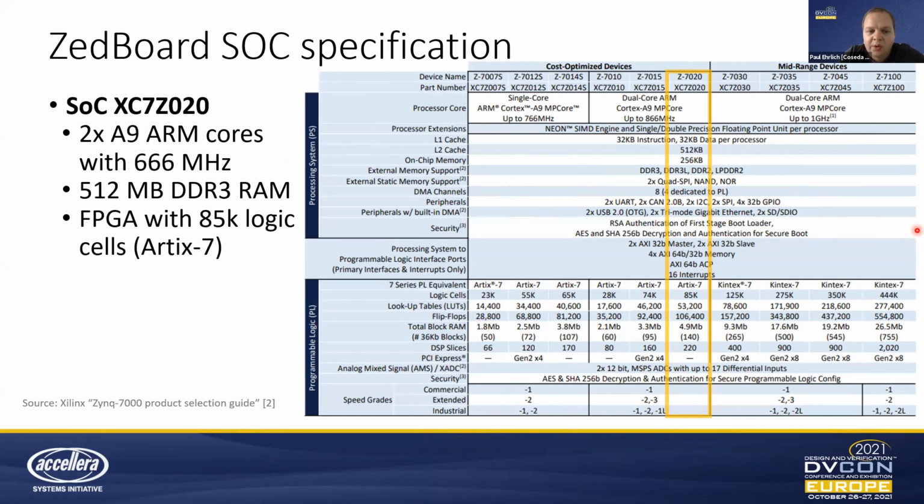The CPU cores don't get sped up as much as the FPGA, but they are available in 3 different speed grades, where the Zed board is the lowest speed grade with 666 megahertz, and there are Zynq devices available up to 1 gigahertz. You can also see that there are 85,000 logic cells. In the NXP use case, we didn't use them at all, or we used only a portion of it. So there was no need to go for a bigger board here.